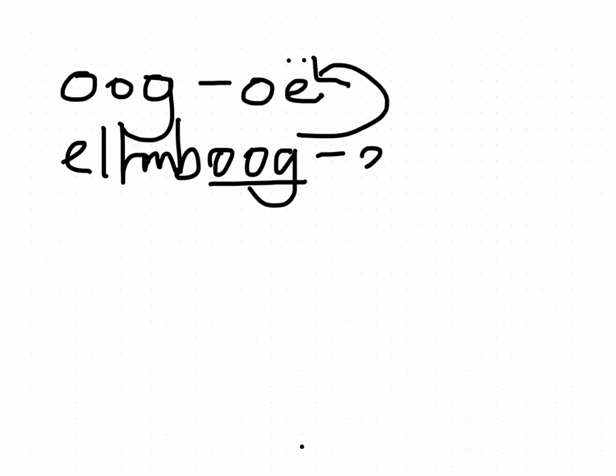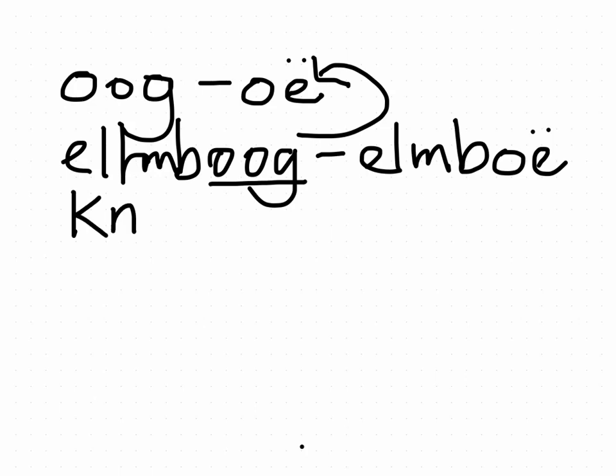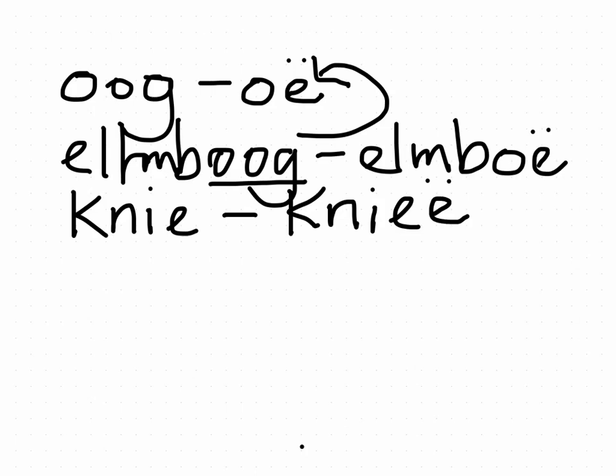So elleboog will become elleboë, and you must not forget to put your 2 dots at the top. Let's do another one where you'll have to simply learn the rule, as these are exceptions. Knie, een knie. Knie means knee. Twee knieë. Now watch what I'm doing here. You add an e and you put the 2 dots. So please learn the spellings of these words as well.